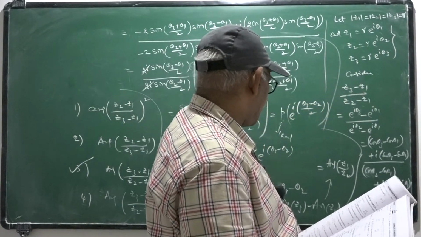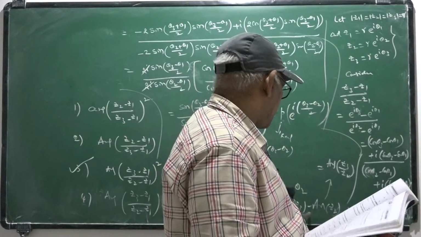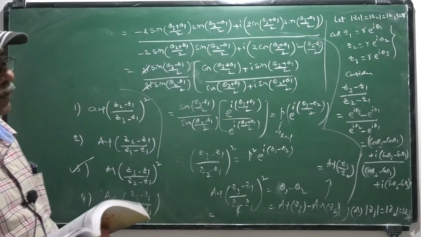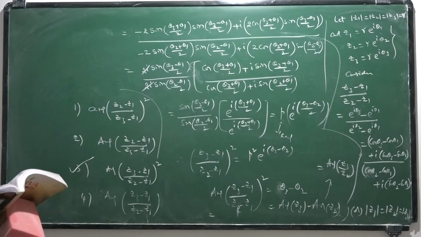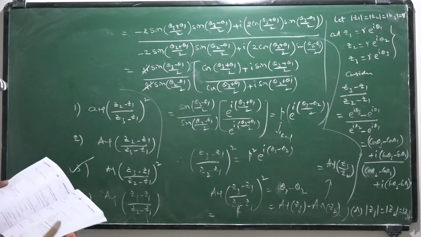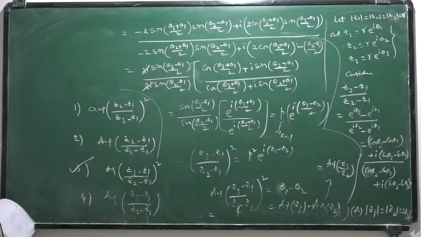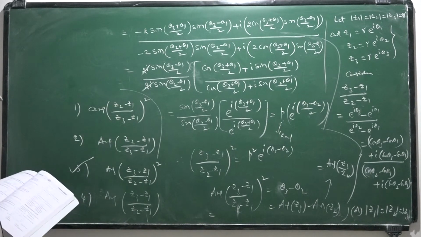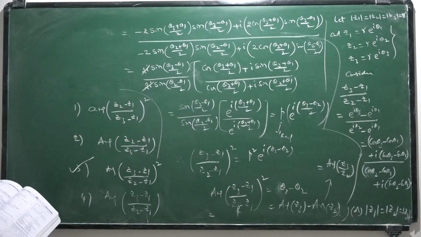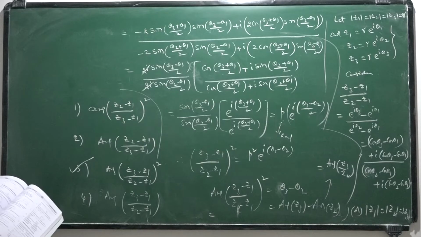Squaring, the argument becomes theta 3 minus theta 2. That is nothing but argument of z3 minus argument of z2, which is argument of z3 by z2. Such problems are given in JEE Advanced. Of course, you can get it in Mains also.